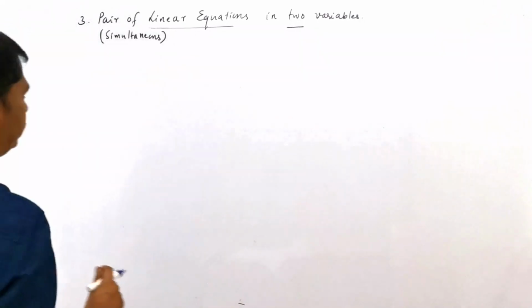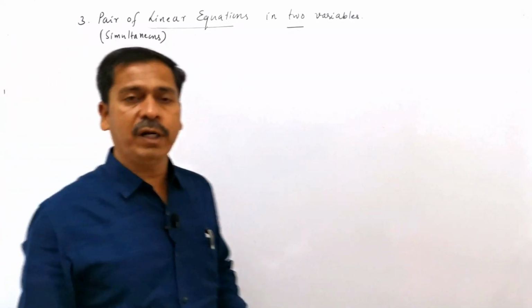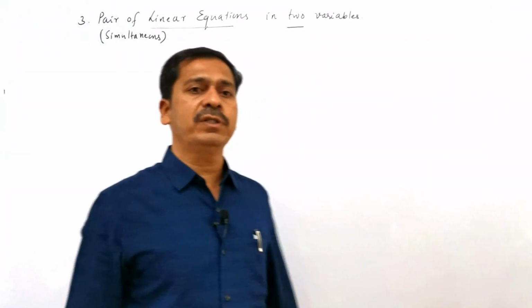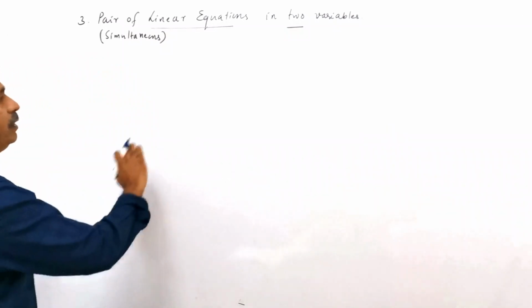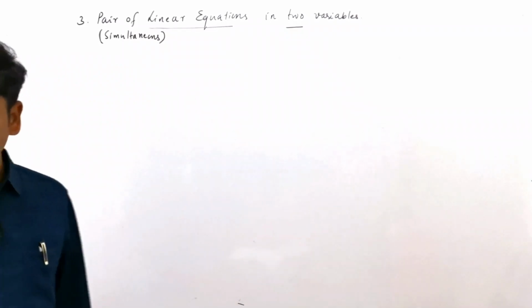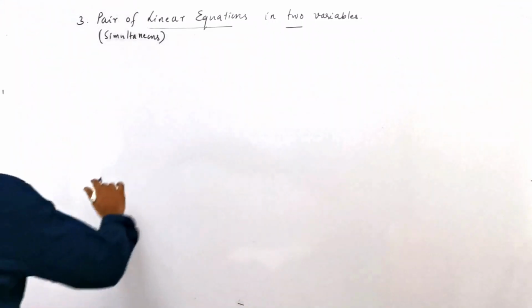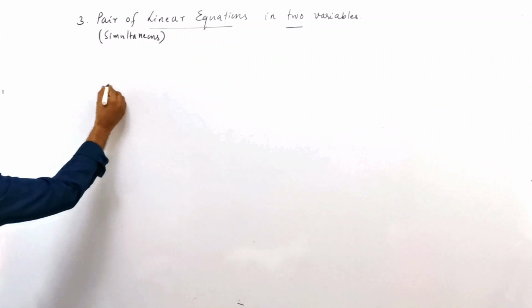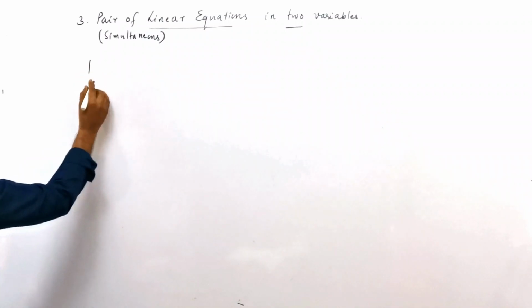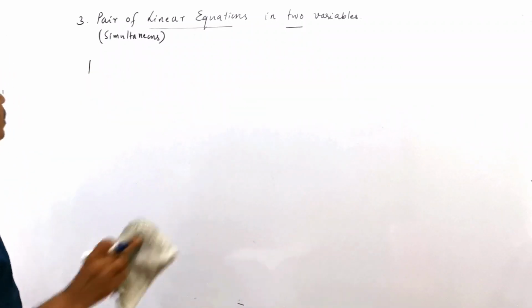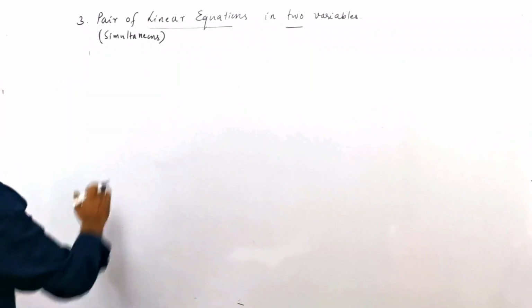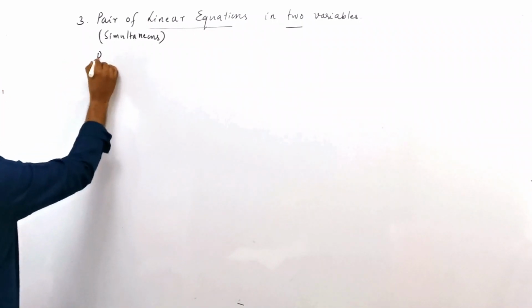See students, now let us have a look at the geometrical representation of these linear equations in two variables. We have three possibilities there. So what are those three possibilities? Possibility 1.